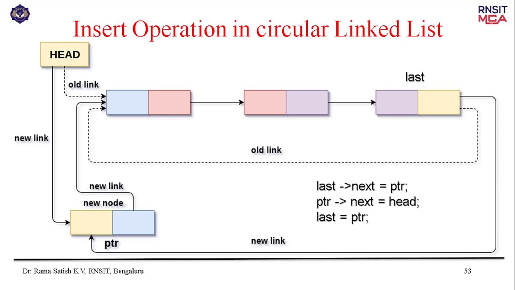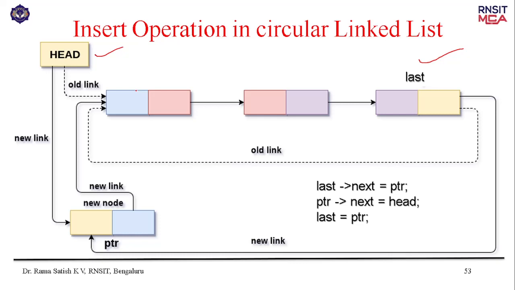Now, the insertion operation. If you want to insert, you observe there are two special pointers used. One is the head pointer and the other is the last pointer. The last pointer is pointing to the last node of the circular linked list, and the head pointer will be pointing to the first node.